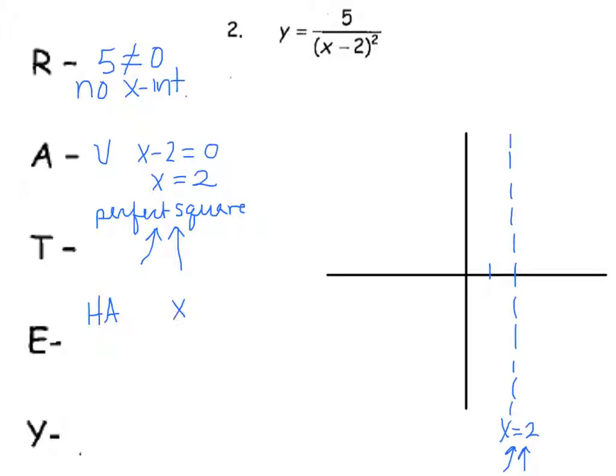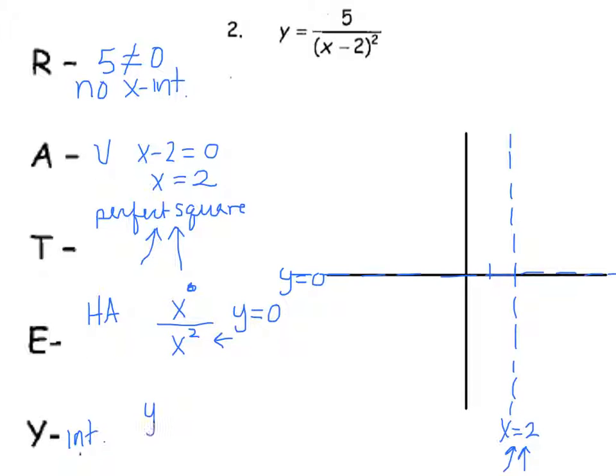Okay, so then the horizontal asymptote, the end behavior, I look and I have x to the 0 in the numerator, and in the denominator I have x squared, so it's bottom heavy. It's bigger on the bottom. If it's bigger on the bottom, then my asymptote will be on the x-axis, which is y equals 0. Okay, and then the y-intercept is where I let x be 0.